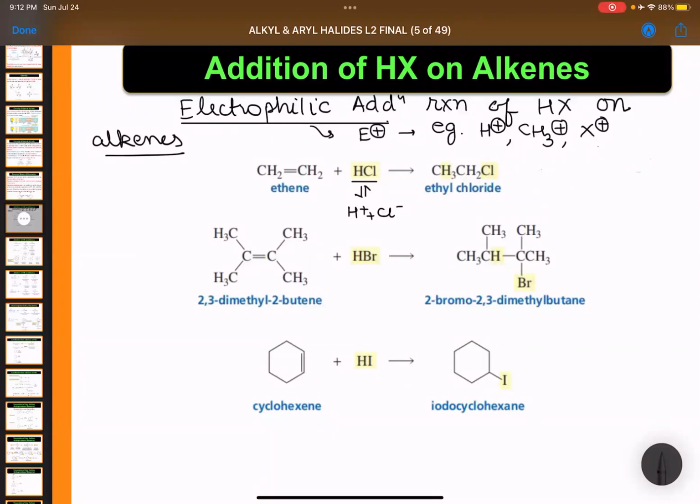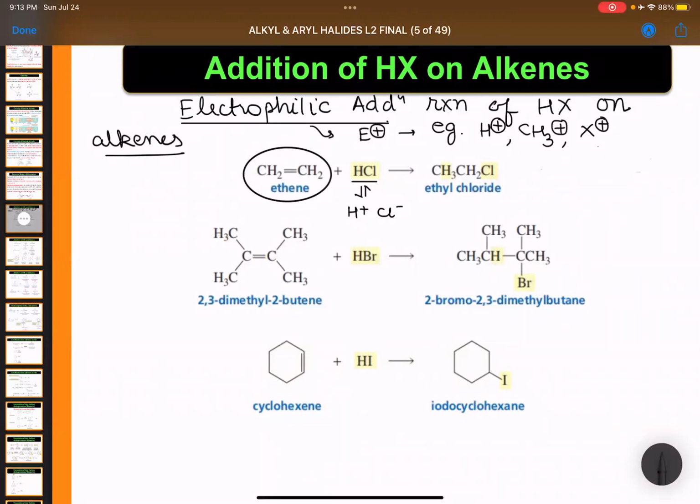Now, Pavitra, the next thing is, which is it, the H plus, or Samira, is it the Cl minus, who is going to go and attack on the alkene? Tell me this. Who will go and start the reaction?